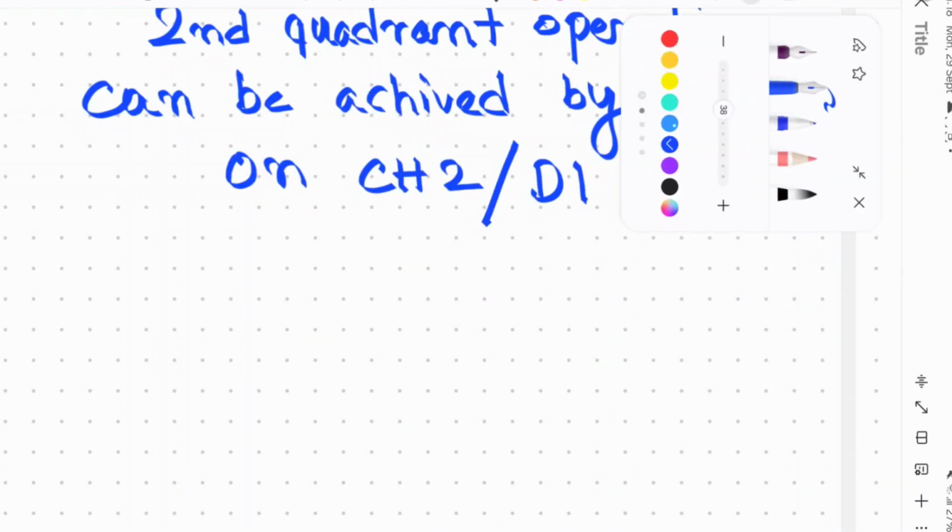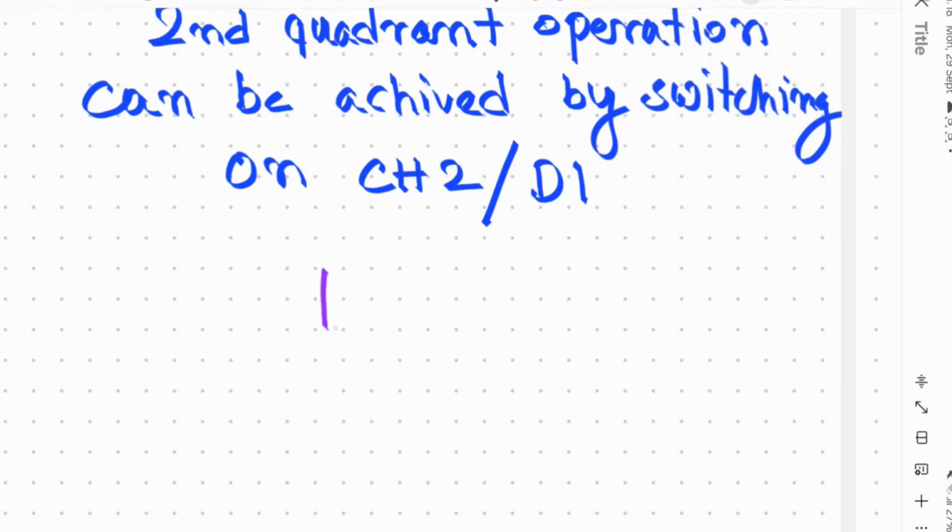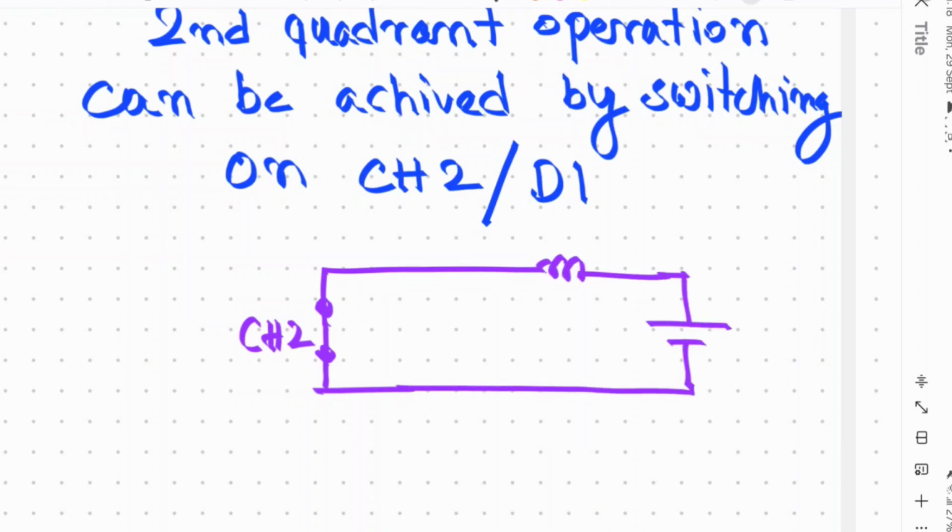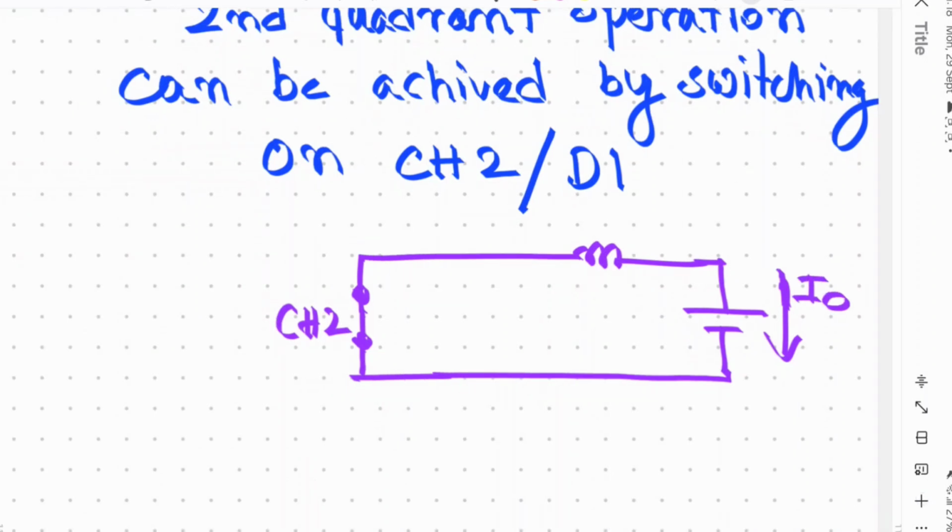The circuit will look like this: this is switch 2, and there is one inductor. This is the source, and this is the initial direction of the current flow. Now in this condition, the current will flow in the opposite direction, in this direction.